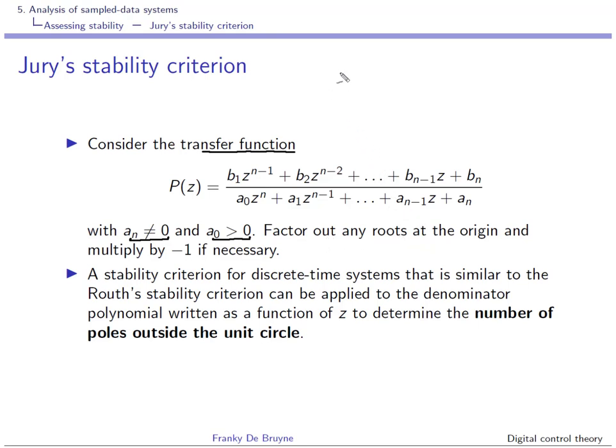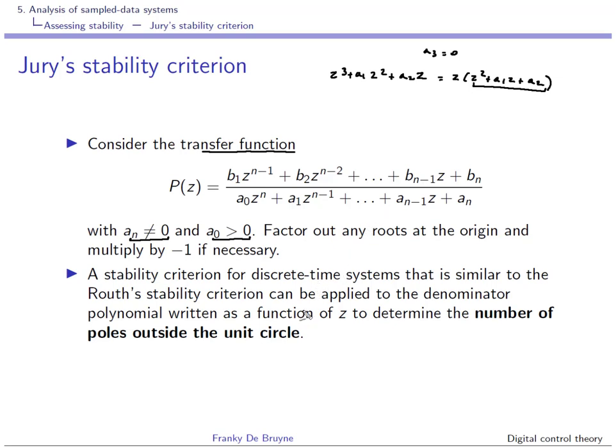So let us assume, for instance, that we have a denominator z cubed plus a1 z squared plus a2 z, and that the last coefficient a3 is equal to 0. What you can then do is rewrite this as z squared plus a1 z plus a2, and you work with this polynomial in the Jury stability criterion.